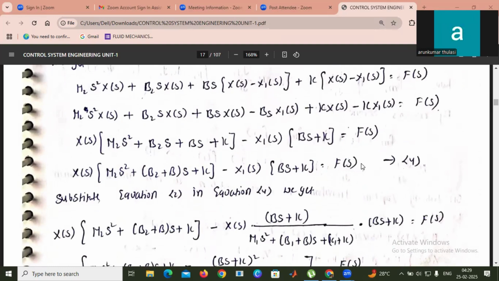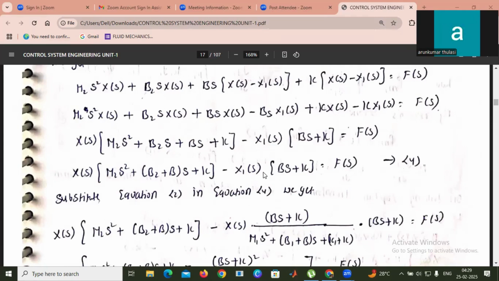Now, using equations 2 and 4: we already found equation 2 by solving the mass element m1, which gives x1 of s in terms of x of s. We have to substitute that equation into equation 4. The reason is that finally we have to represent the equation in terms of f of s and x of s.